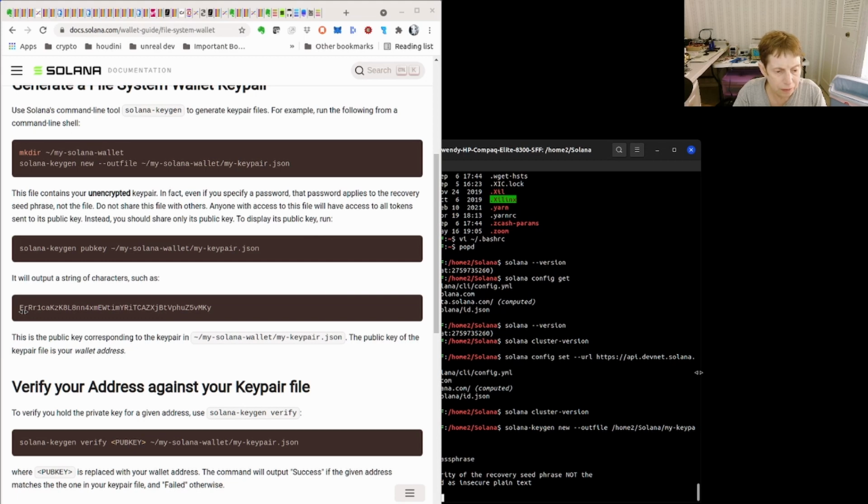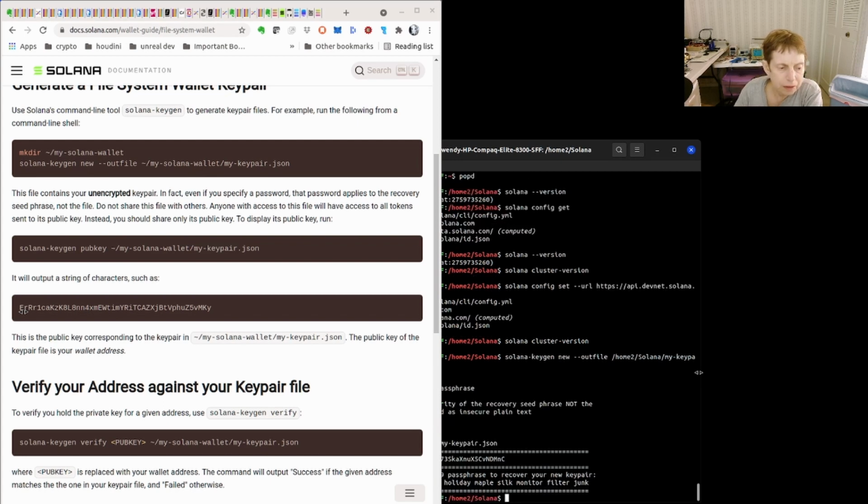And let's see, it's going to ask. So I'm just going to skip the passphrase. Generally, of course, you would put a key passphrase in if it's a real wallet, something you're going to use on an actual chain. And so I'm going to skip that. And now we have our public key.